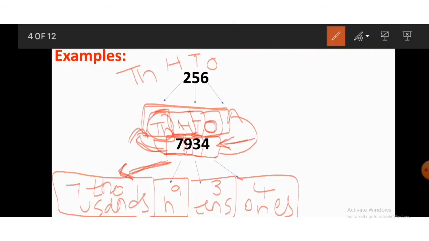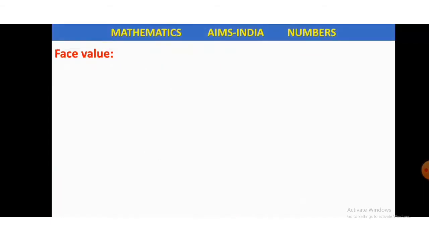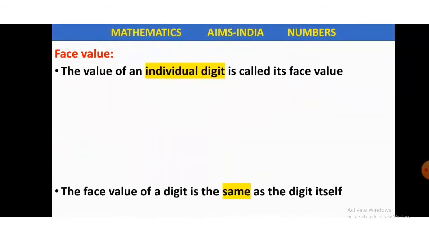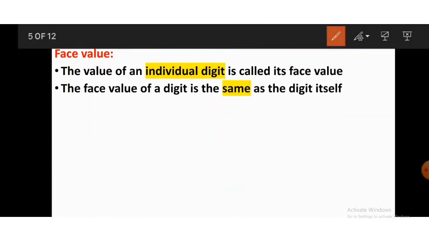Clear everyone? Okay. Now the next topic is face value, which is very easy. Face value of an individual digit. In the number 218, 2 is a digit, 1 is a digit, and 8 is a digit.